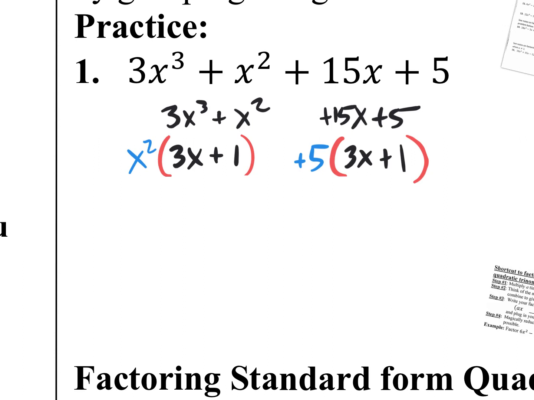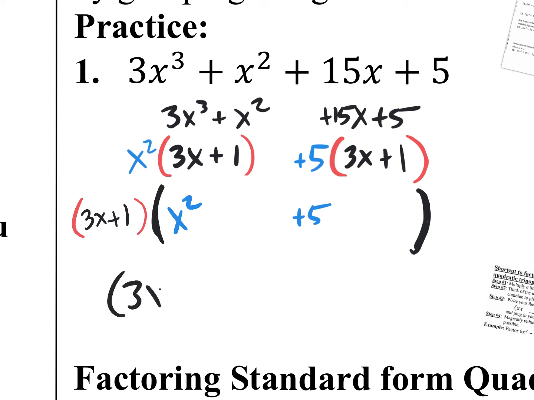I am going to put some exaggerated, huge parentheses. I'm going to pull out that 3x plus 1 that's in common in both groups. And what's left over on the inside? X squared, and then the 5. All we need to do is write it with the correct size parentheses.